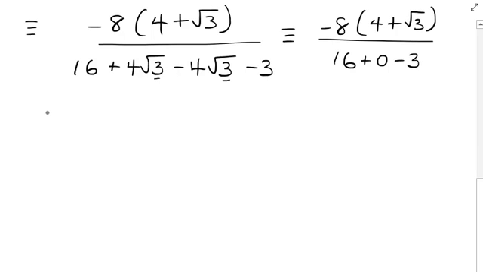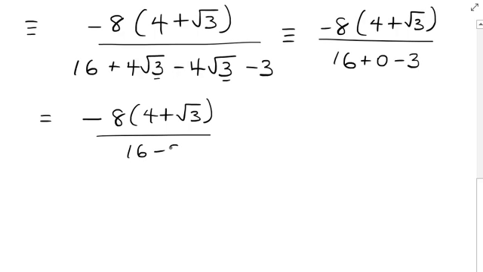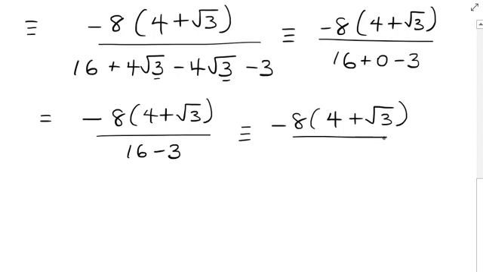Okay, then let's continue. Minus 8 into bracket 4 plus root 3 all over 16 minus 3, which is equals to minus 8 into brackets 4 plus root 3 over 13. So that's the answer.